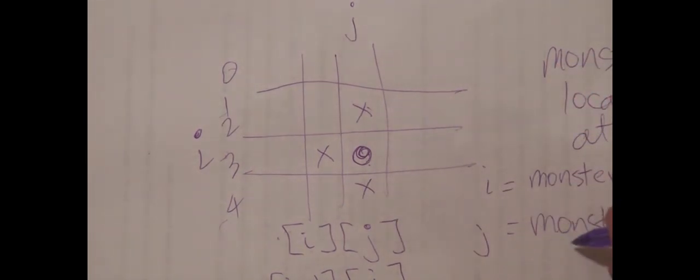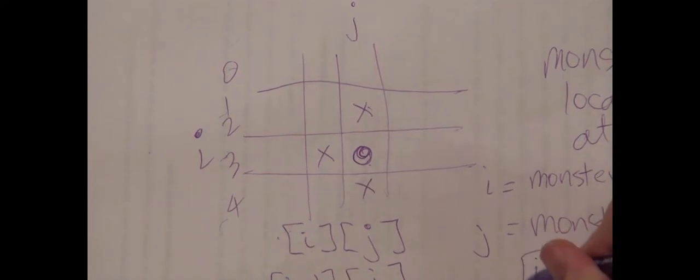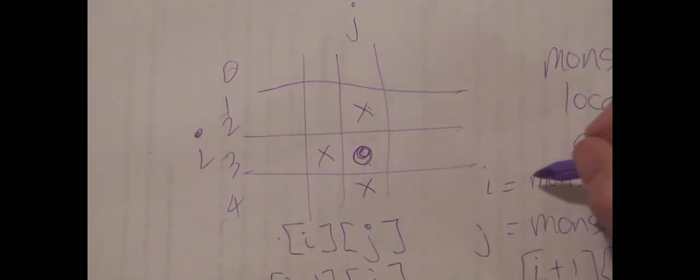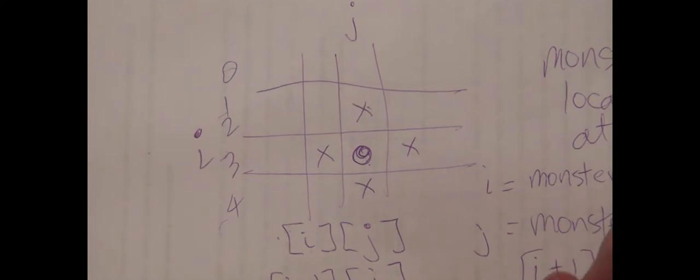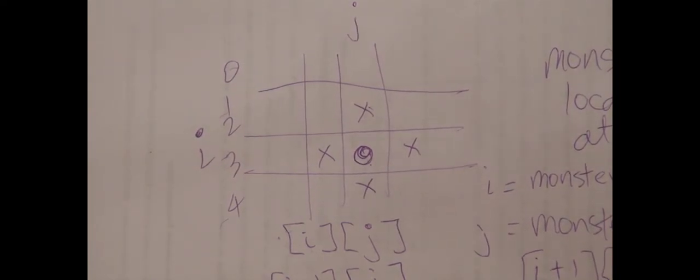Another one is in row I plus 1, column J. And another one is in row I, but in column J plus 1.